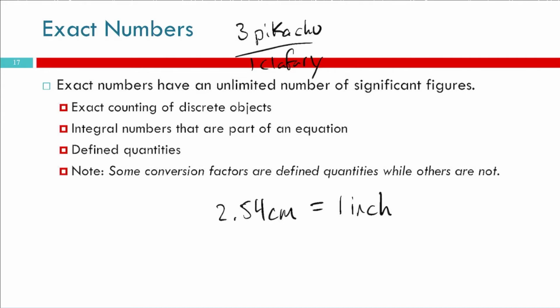Those ones you just kind of have to know, and if you see one of those, every time they're going to be exact. Some conversions are defined quantities, like this one. Others are not, and I think a mile to a kilometer is not a defined quantity. Any questions on exact numbers?